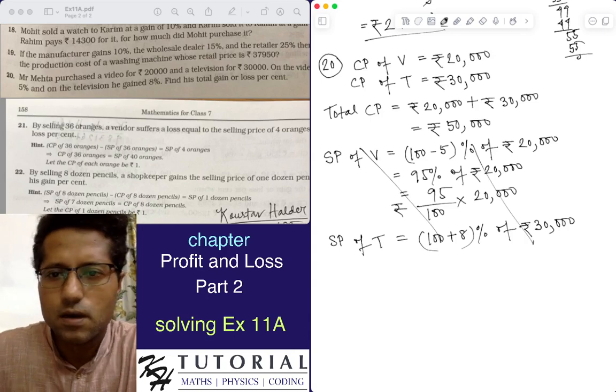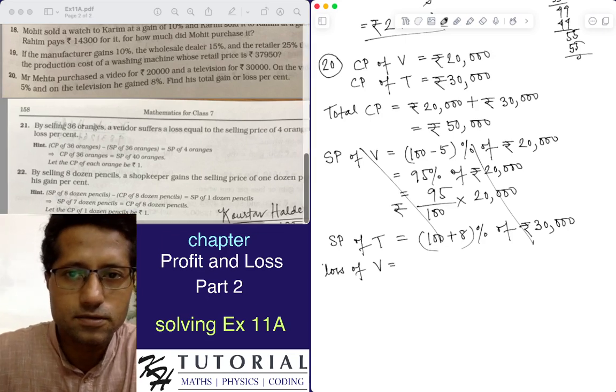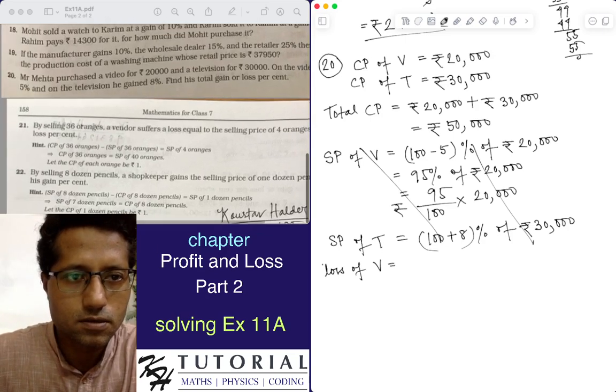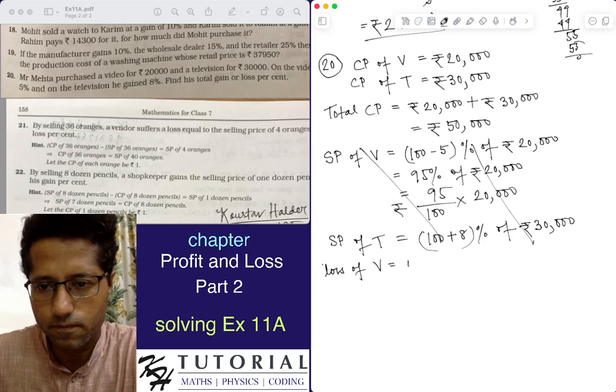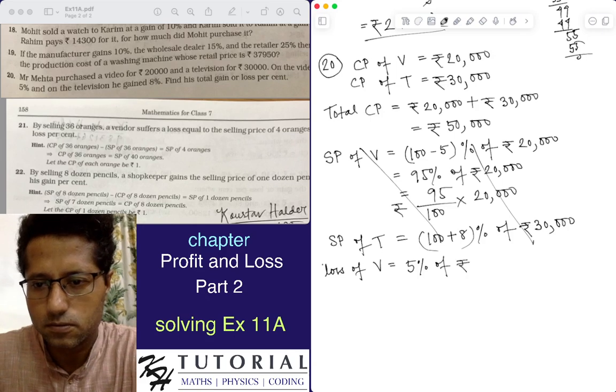Let's say, since Mr. Mehta lost on the video, the loss on the video is equal to 5% of the cost price of the video, that is rupees 20,000.